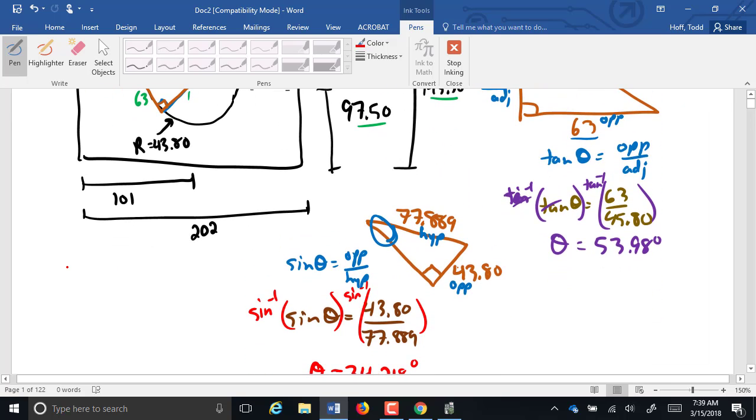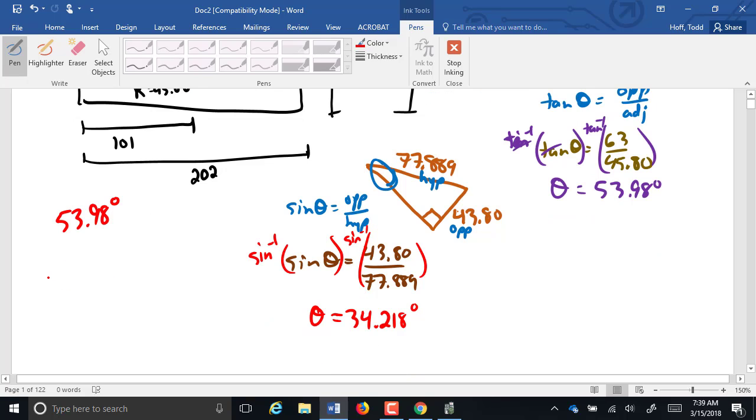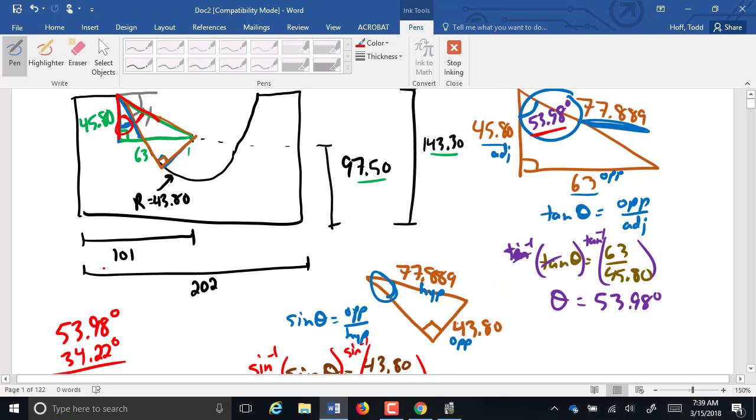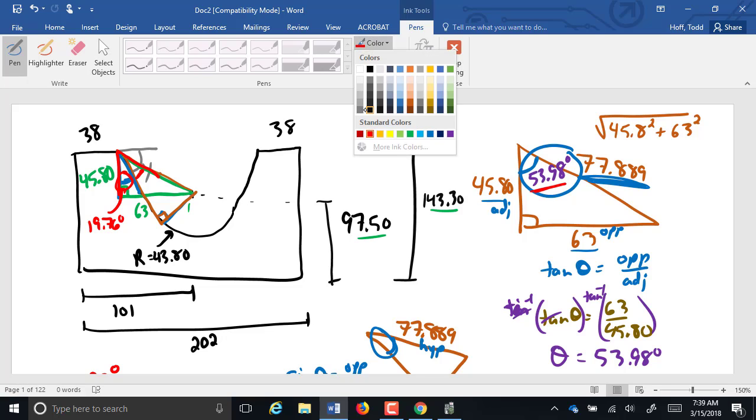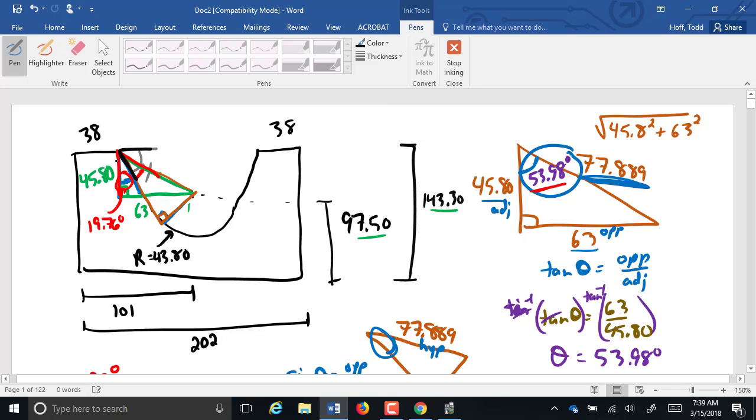So 53.98 degrees minus 34.22, we'll call it, is going to give us 19.76 degrees. This angle being 19.76, we can now find y here, because this is a right angle, we subtract the 19.76 to get that y is 70.24 degrees.